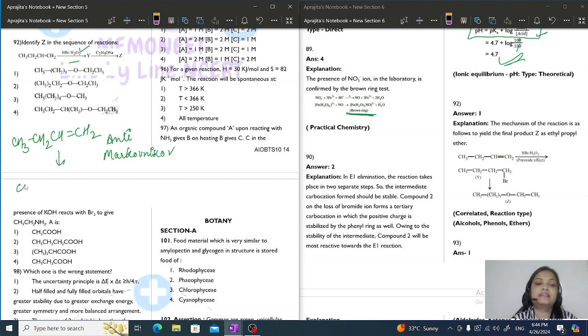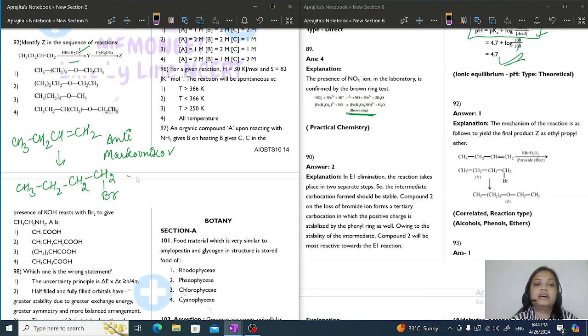So the HBr will be attaching like this. The bromide will be attached to the carbon having more hydrogens, like this, CH2Br. So this will be the product that forms.